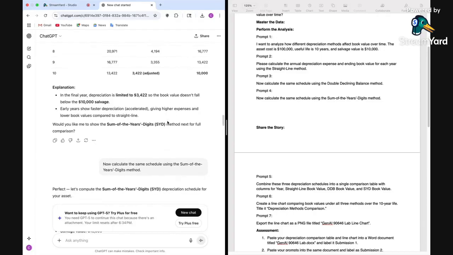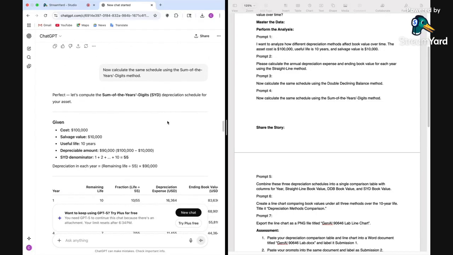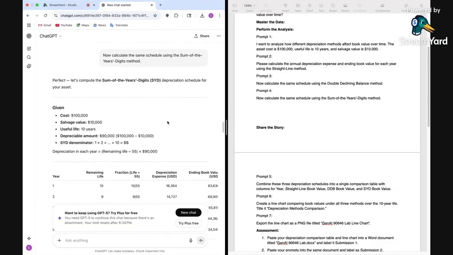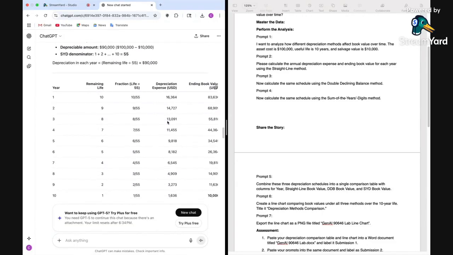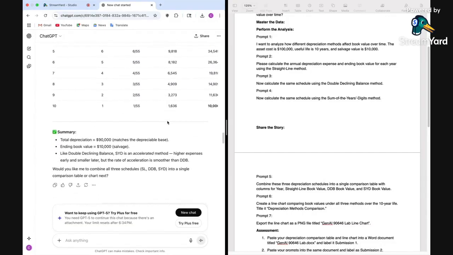And then after that prompt, we're going to go to the sum of years digits method. So I asked now calculate the schedule for sum of years digits. It gives me the exact same chart as the other two, and it also gives me a summary.